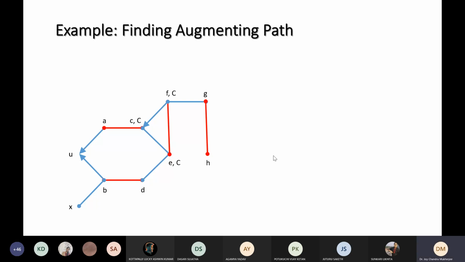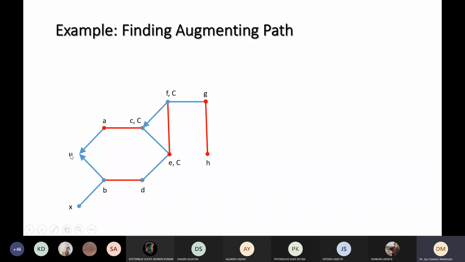So initially we have this matching. Okay, for the timing you ignore this arrow. You don't think there is any arrow here. So initially A, B, C, D, E, F, G, H like this, and AC, BD, FE, and GH are the matching edges. Now what happened?